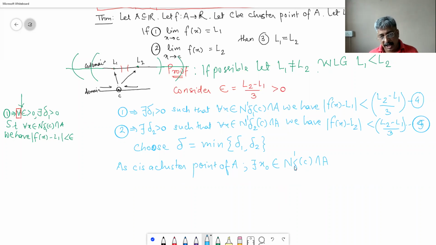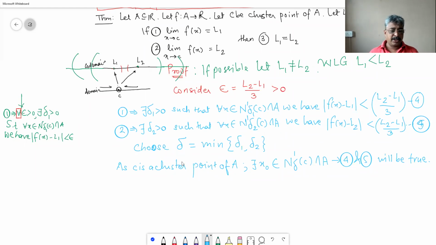There will be x naught in the delta neighborhood of C intersection A. 4 and 5 will be true for that x naught. Basically, suppose delta 1 is smaller than delta 2. So all the points in the delta 1 neighborhood, which eventually we will call the delta neighborhood, all the points in the deleted delta 1 neighborhood of C intersection A, 4 will be true and 5 also will be true. So 4 and 5 will be true.